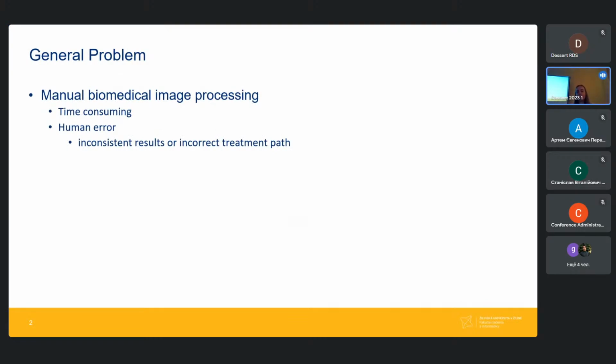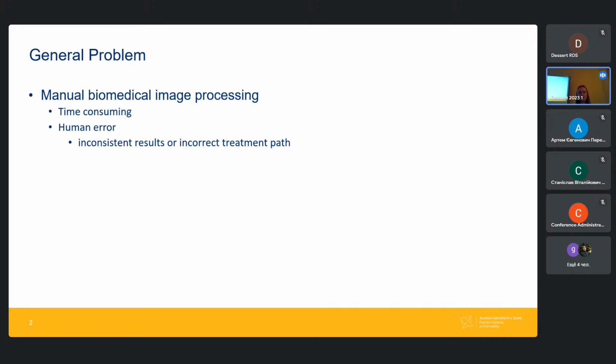The general problem that is currently observed is manual biomedical image processing, mainly in laboratories where they have large data sets from a microscope or similar products.